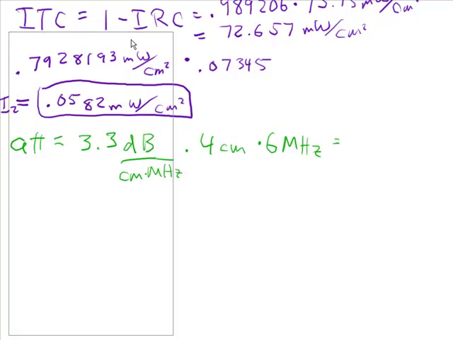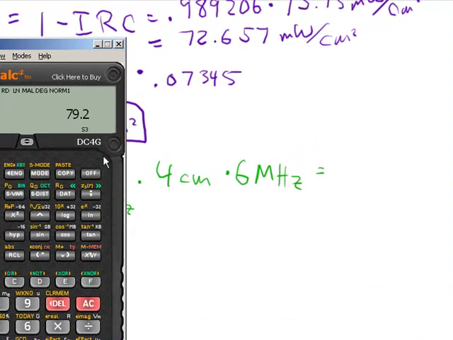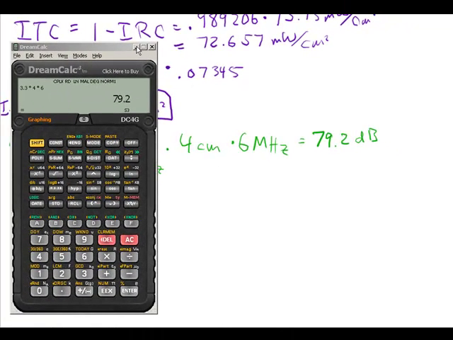So it's 3.3 times 4 centimeters times 6, and that's equal to 79.2 decibels of attenuation.